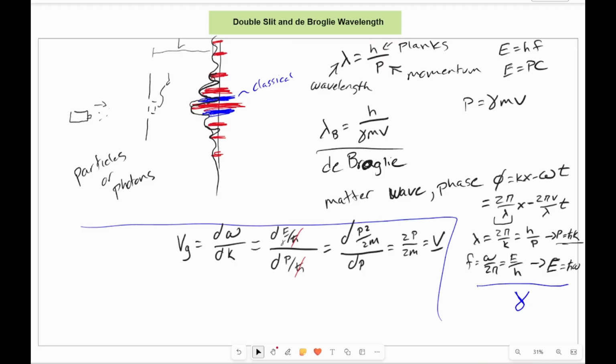Another way that they'll solve this is they'll say kind of the same thing, dp, same step. In order to go from d omega dk to get to d energy over d momentum, they use the relationship with the photon, and then they somehow convert back to the energy of a particle.